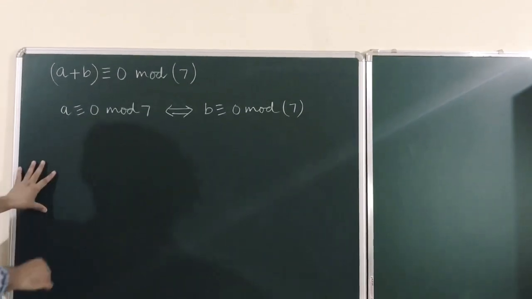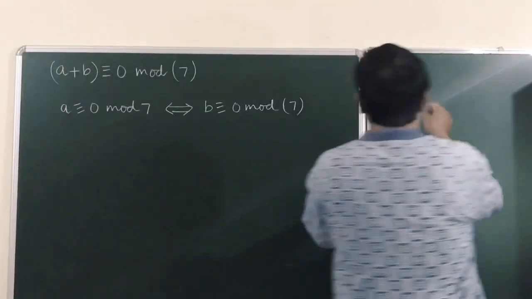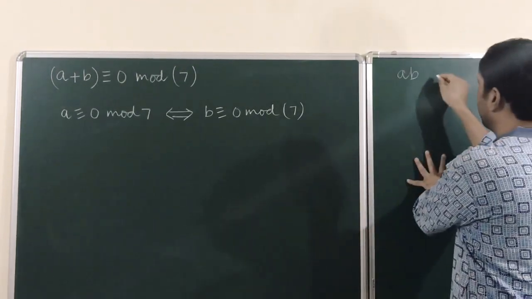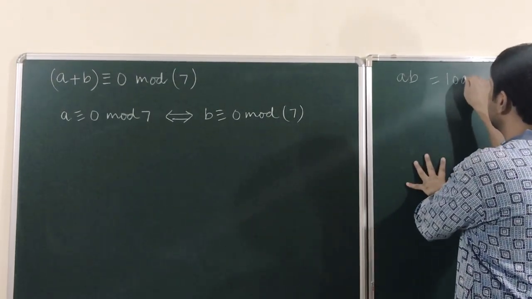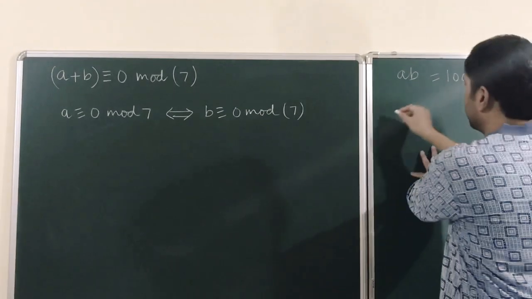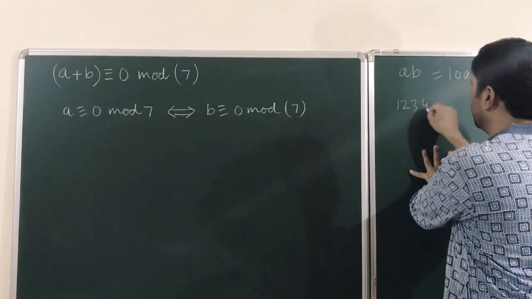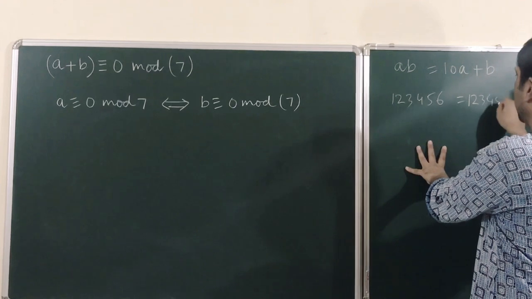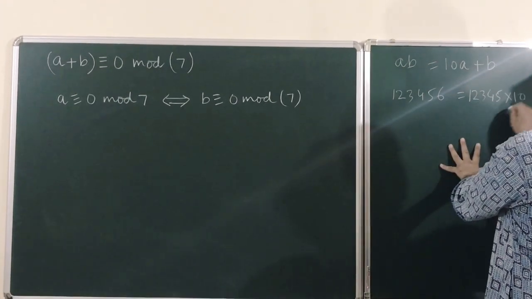Now I take any number. This AB can be any digit number, but I will write this AB as 10a plus b, just for simplicity. So take a number 1, 2, 3, 4, 5, 6. I'm writing this as 1, 2, 3, 4, 5 into 10 plus 6.